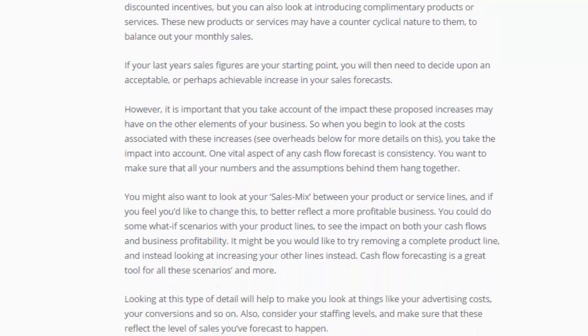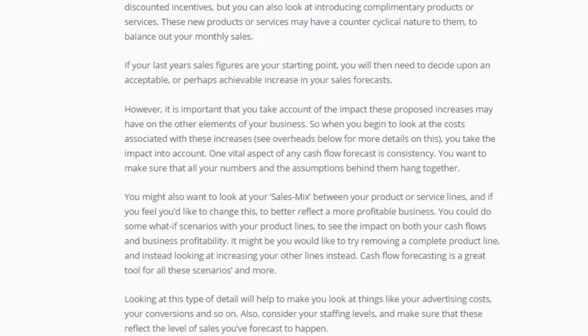When you're actually looking at your sales forecast, you might want to start looking at your sales mix between your different product lines. You might want to start having a look at the profitability of certain product lines, and by doing so you could actually try and put more emphasis on the more profitable items and possibly even cease the non-profitable ones, subject to whether they're loss leaders or they are complementary to the more profitable type of products or services that you sell.